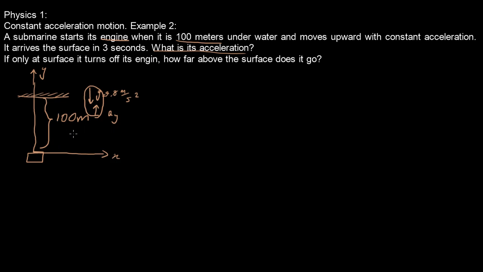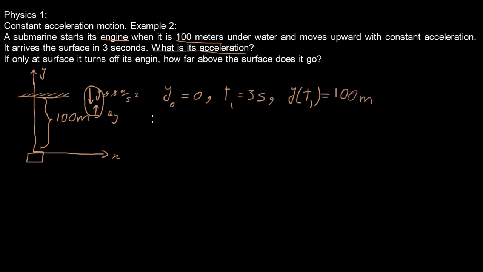The final answer should not depend on how I choose my coordinate system. So if I do it here, then y naught would be 0, because the submarine starts from 0, and when it arrives at the surface, it takes 3 seconds. So let's say t1 equals 3 seconds, and y at t1 equals 100 meters.